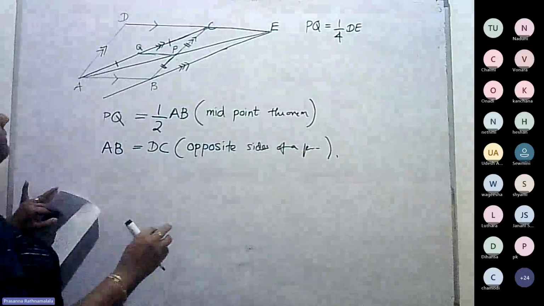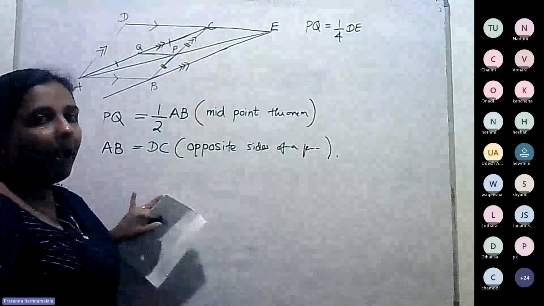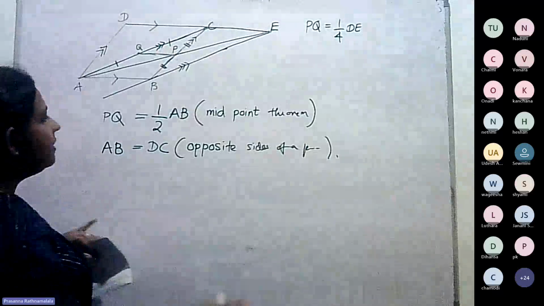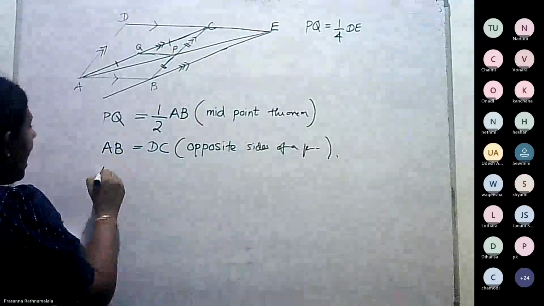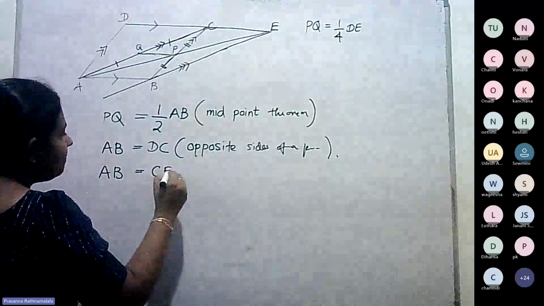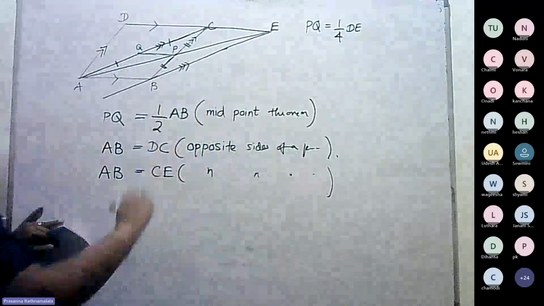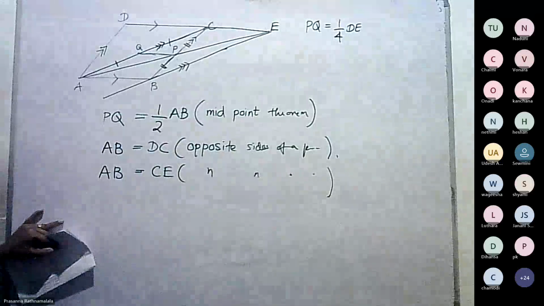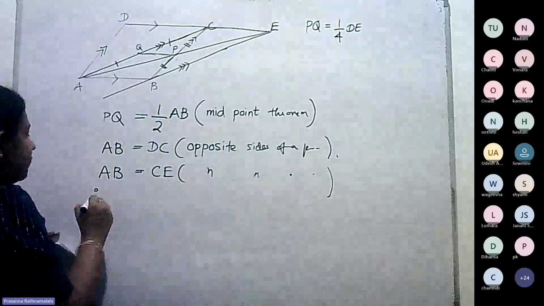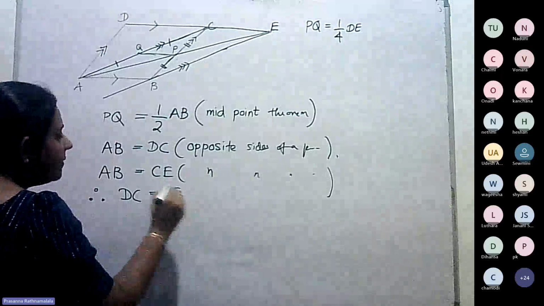And similarly, we already proved that ABEC is also a parallelogram, and AB equals CE, again the opposite sides of the parallelogram ABEC. Therefore, DC equals CE.